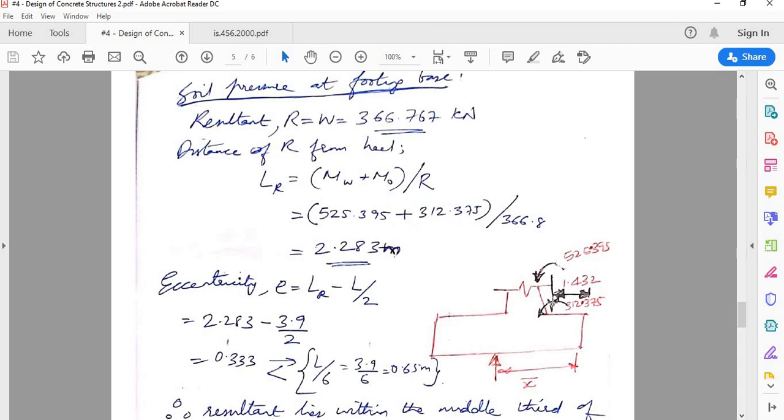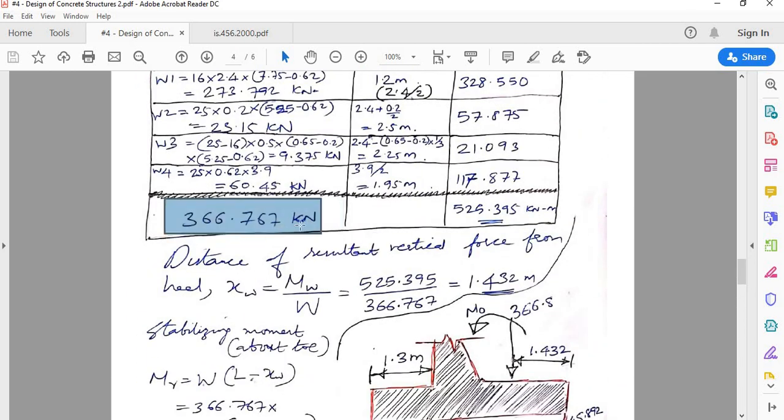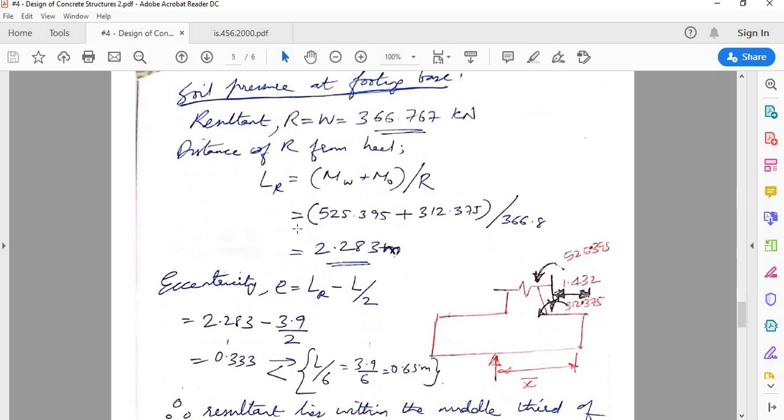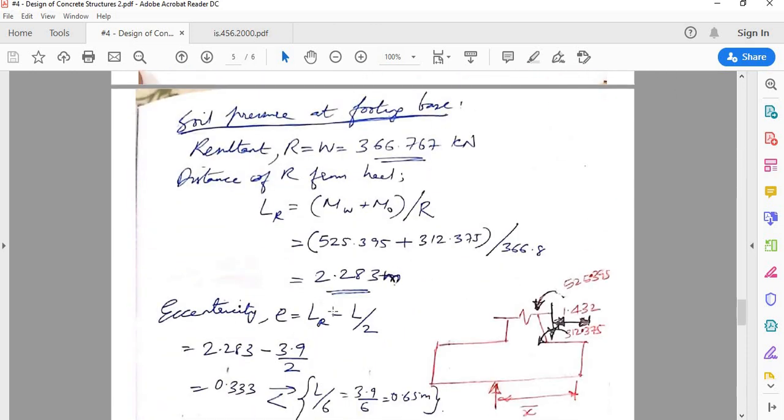The magnitude of the reaction we had already calculated. It is 366.767. So this is 2.283, the lever arm which is already marked in this diagram. It is 2.283, 2.284, small difference in decimal, that's okay.